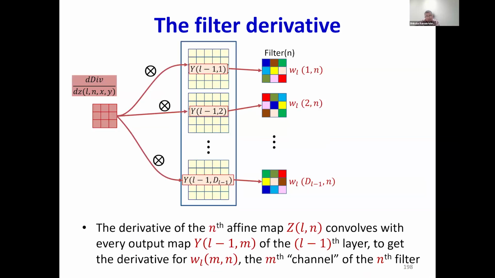So if I want to compute the derivative for all the channels of a filter, I just have to convolve all of the input channels with the corresponding derivative map for the output channel. And that's going to give me the derivative for the entire filter. Does that make sense?